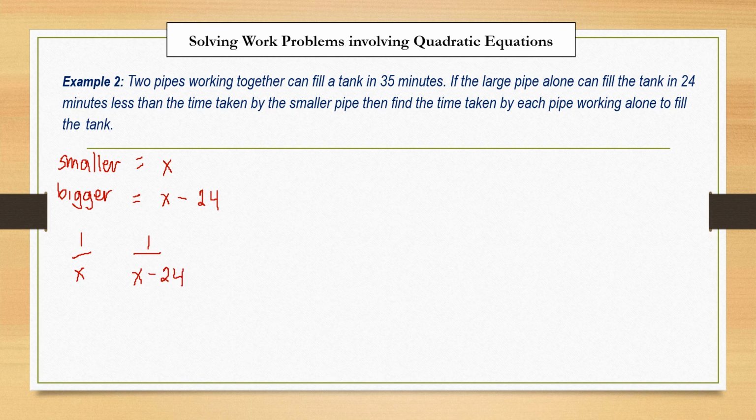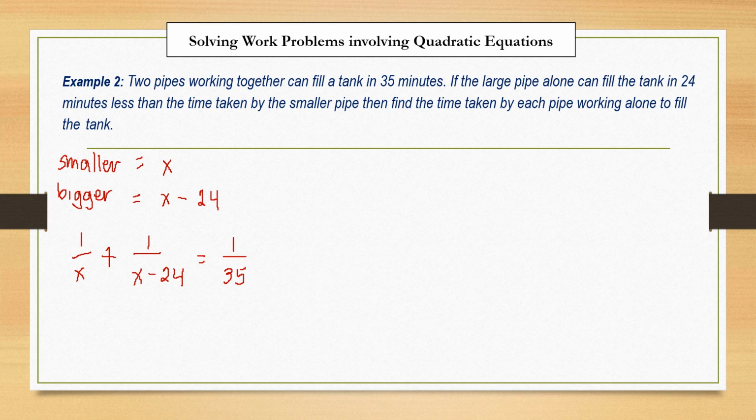Now, if they work together, what equation would represent the amount of work that they can finish in 1 minute? That would be 1 over x plus 1 over x minus 24 is equal to 1 over 35. So looking at this equation, this is now our rational algebraic equation which can be transformed into a quadratic equation.